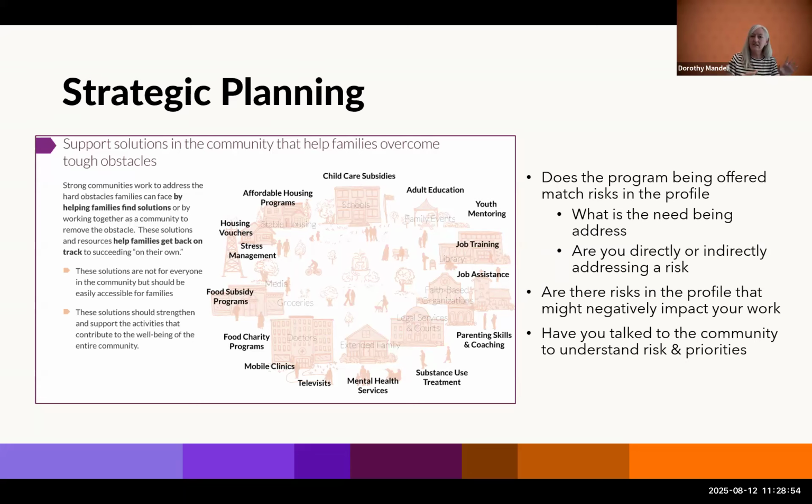You're making sure that you are engaged in mental health support in your community, which is also a really big deal right now. Charitable food system, the SNAP, TANF, all of those things. All of those things together work together either through your organization or other organizations to help really build that strategic plan.